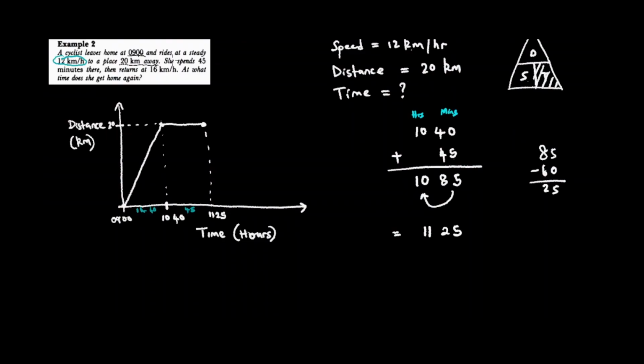Saka after statement rakanzi she spends 45 minutes there, then returns at 16 kilometers per hour. At what time does she get home again? Saka she then returns at 16 kilometers per hour. Toda kuziva time ino e panenge avakumba.